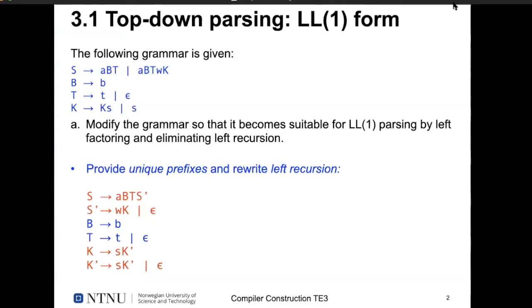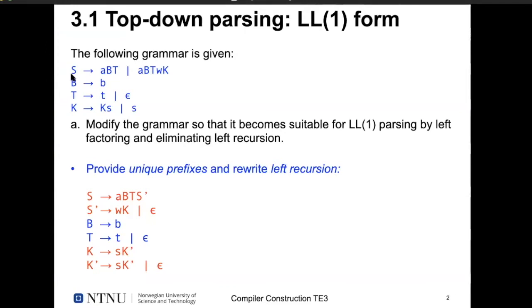So the first question was about LL1 parsing, top-down parsing, and we had this pretty strange and useless grammar here. It's just an example which shows some properties of grammars. So what you have to do to make it suitable for LL1 parsing. And here we have two problems.